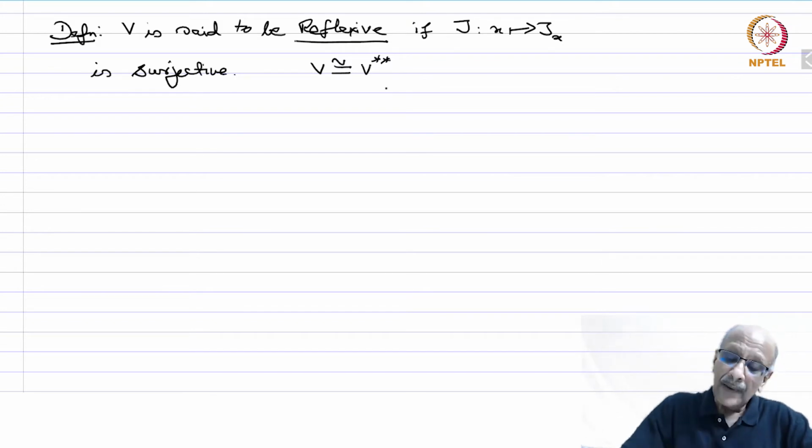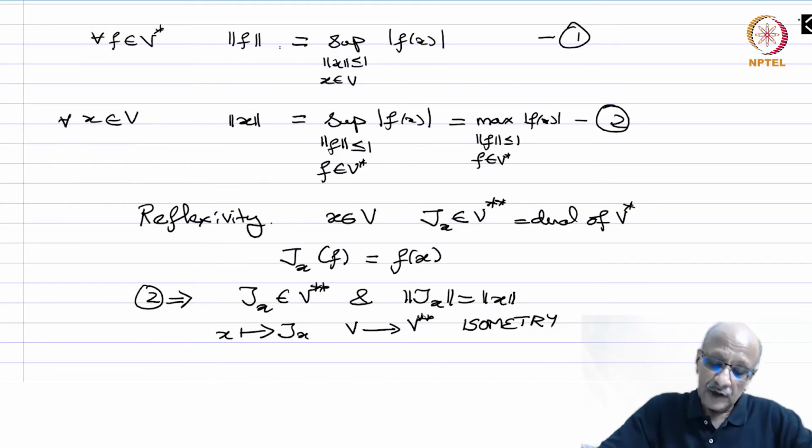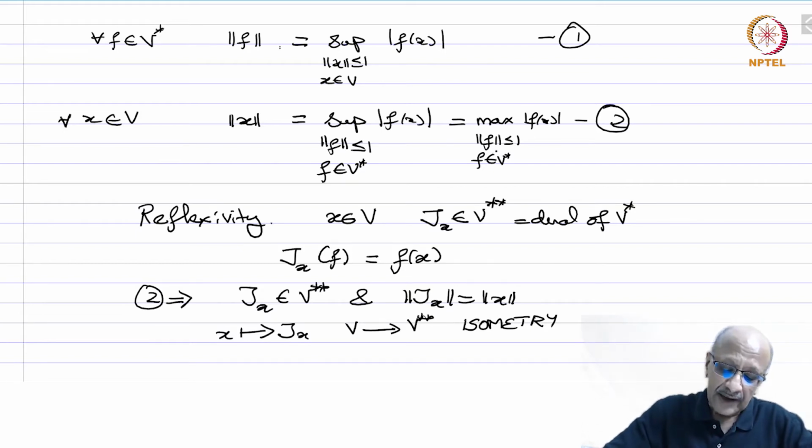So now if you apply relation 2 for V star instead of V, then because of this isometry you will get that the supremum is attained in 1 also if the space is reflexive. So you just apply number 2 with V star replacing V, and therefore here you will get V double star, and that will be just V again.